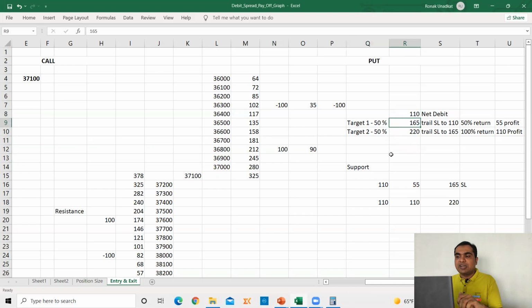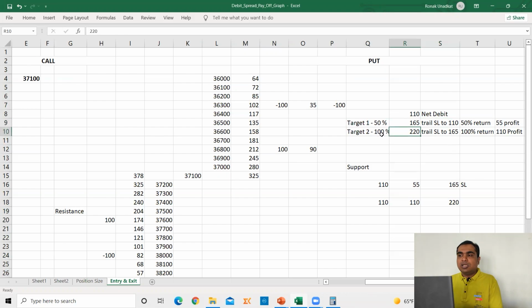That's a 50% return. 110 is my net debit. If you consider a 50% return on 110, that's 55 points. So if you add 55 points to 110, it becomes 165. So 165 is my first target. Once I achieve my first target, I will trail my stop loss to the cost, which is 110. That means my trade becomes risk free after I have achieved the first target.